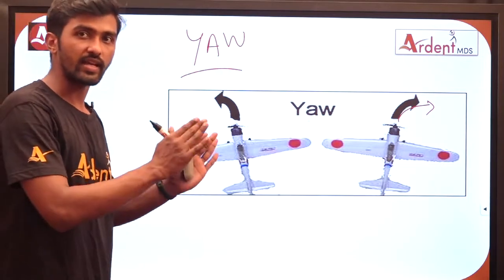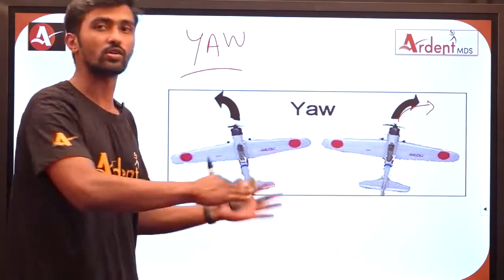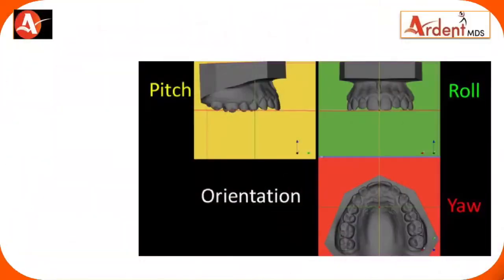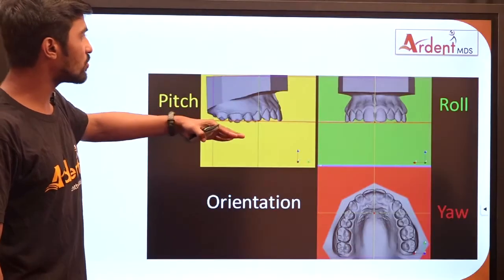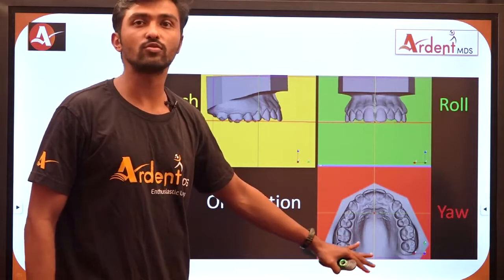Now, having understood this concept, let us correlate the same thing to our orthodontics. Let us see what we have. These are the different views of a maxillary cast. This is the proximal view or sideways, this is the frontal view, and this is the occlusal view.